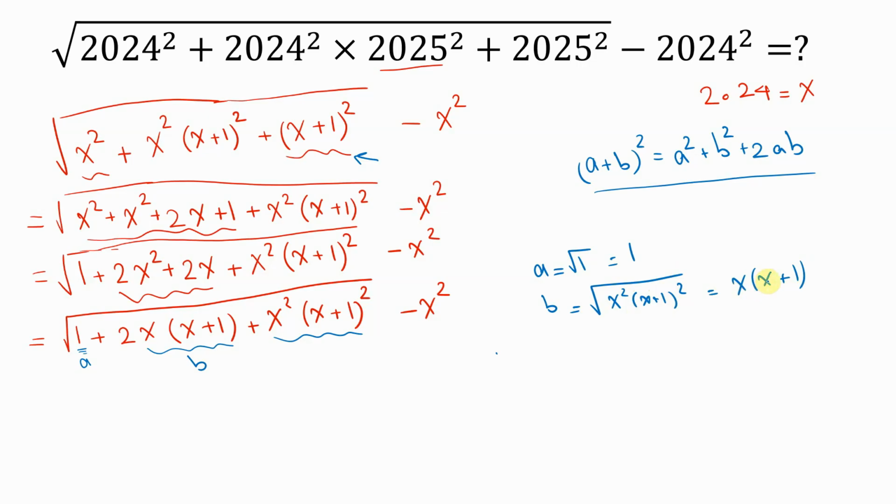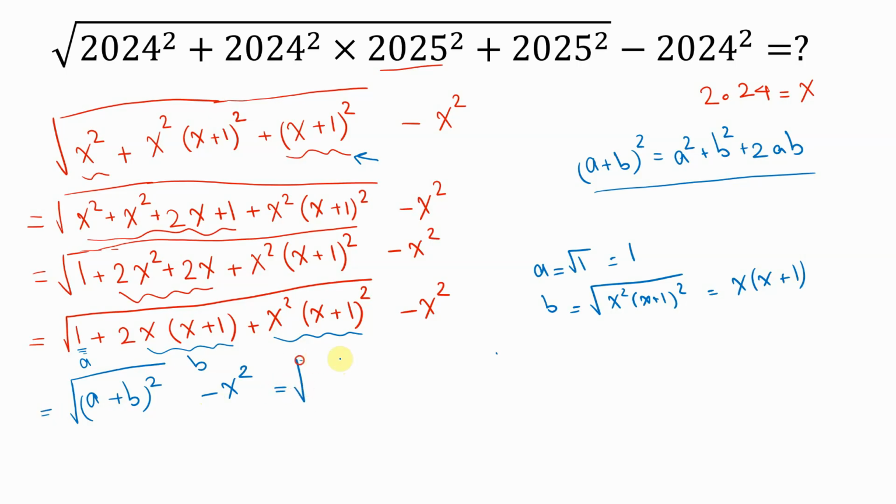Because we already know that x is a positive number. Okay, so here we have a and b, and this expression represents a plus b squared, all of this in here, minus x squared.